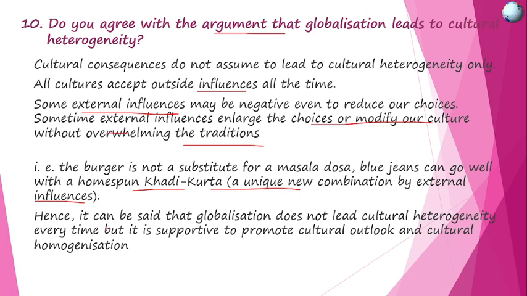Hence it can be said that globalization does not lead to cultural homogeneity only, but it is supportive in promoting cultural outlook and cultural heterogeneity too. It also plays a role in the promotion of the goods and services of that country all over the world.